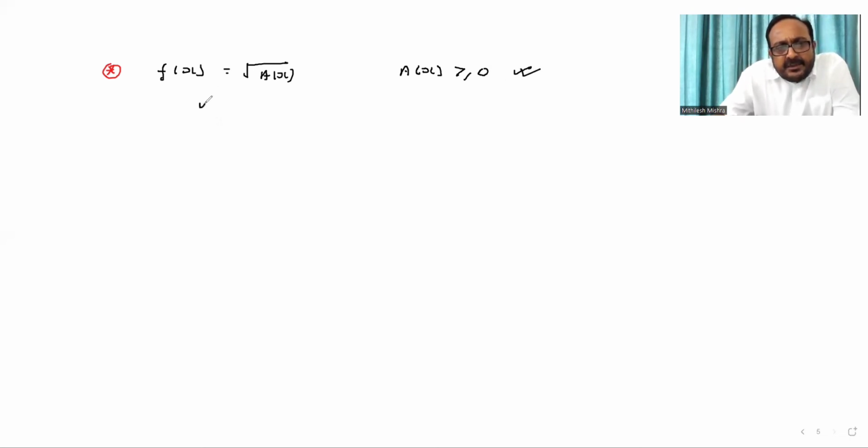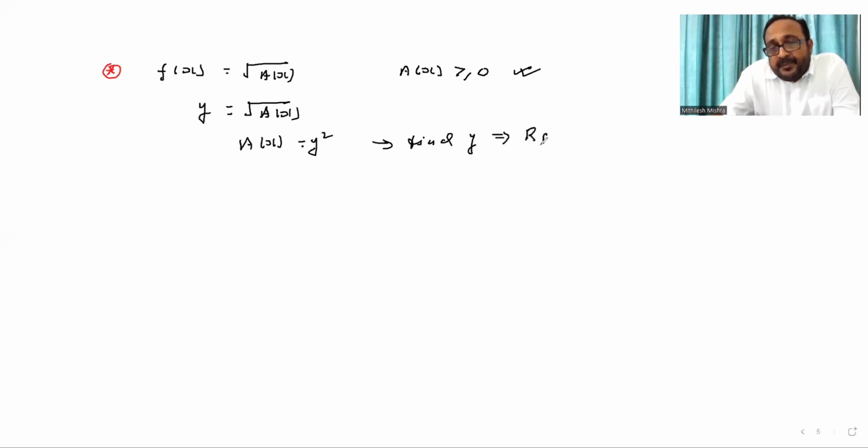To find range, y is equal to under root g(x), or g(x) is equal to y². Again, make x as subject, as just I have discussed. So from here also find y, but from the values of y, you will take only positive values. So range here can't be negative.